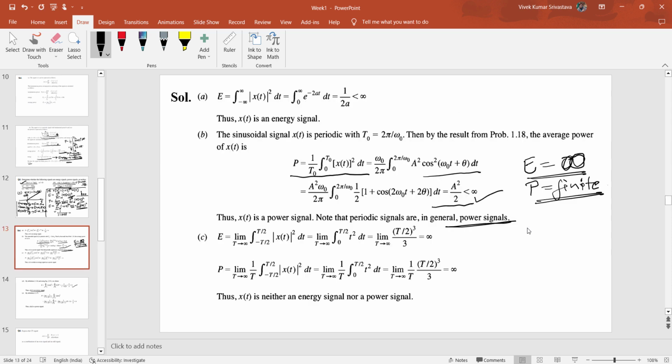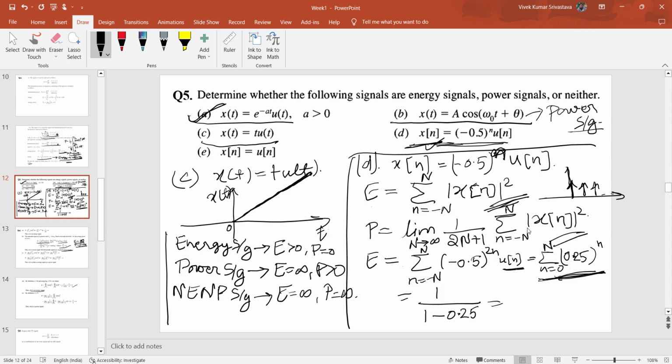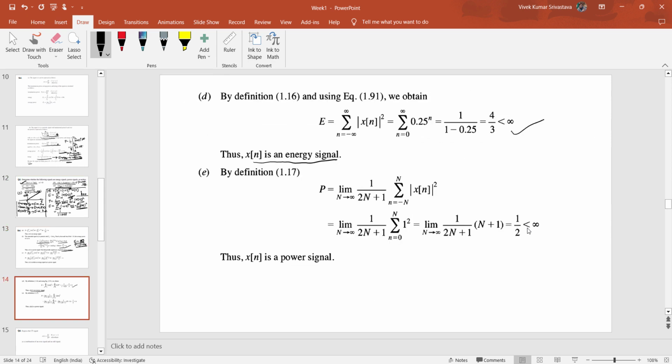Whereas for determining whether this signal is an energy signal or a power signal, we will use this formula to determine the power first, and then we will use this formula for determining the energy contained in the signal.